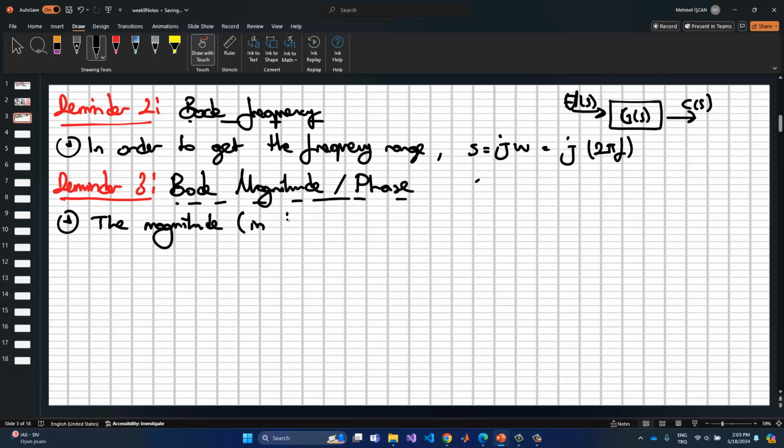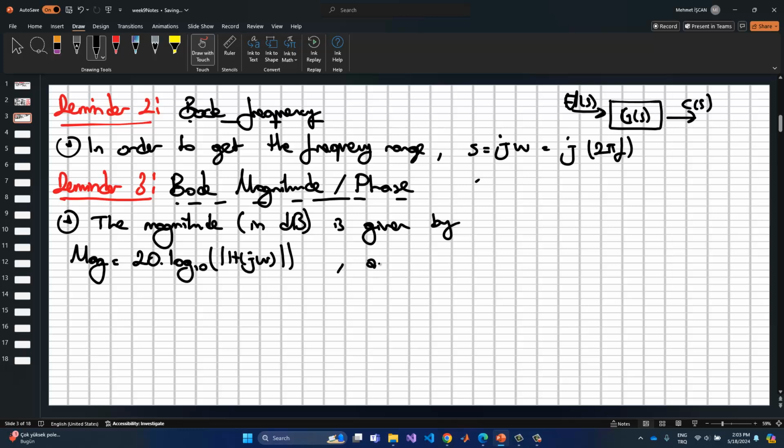Okay, and in reminder three, just remember that the magnitude or power of the signal is given by the following formula. The magnitude can be built with 20 log base 10 of |H(jw)|, just like this one.